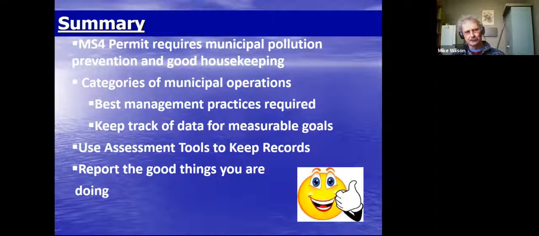And the best management practices are required as part of your stormwater maintenance plan. In addition, you must keep track of data for all of your measurable goals, and you must use assessment tools to keep those records. And above all, report the good things that you're doing.